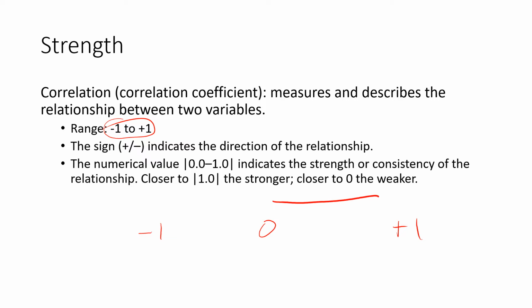The farther you get away from 0, the stronger the relationship. The closer you get to 0, the weaker the relationship. On the tails, if you get to -1 or +1, you have a perfect relationship. So it's the strongest or perfect relationship. If you get to 0, you have no relationship.